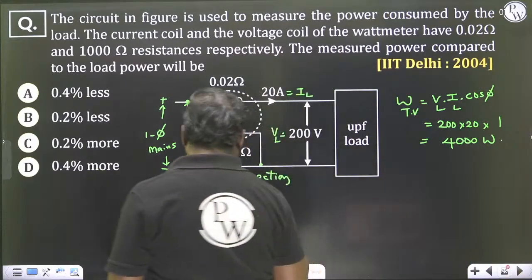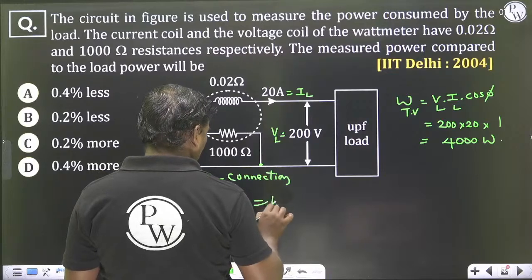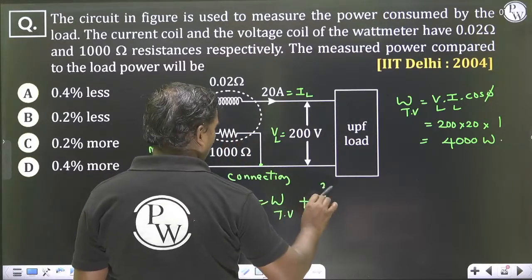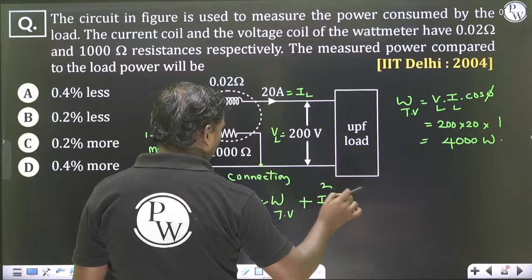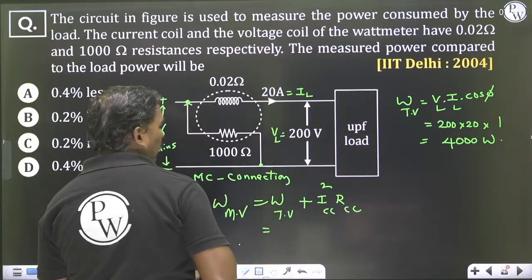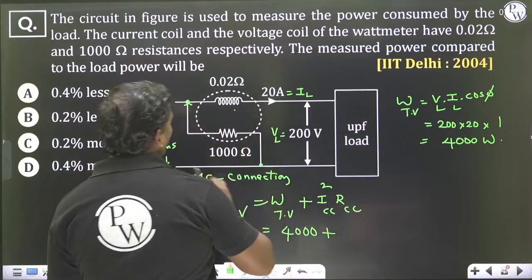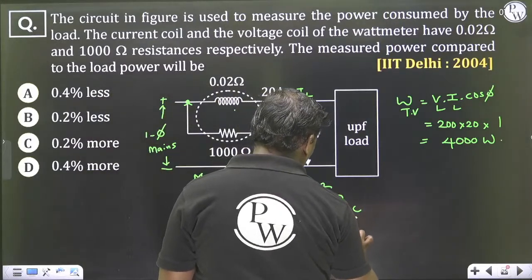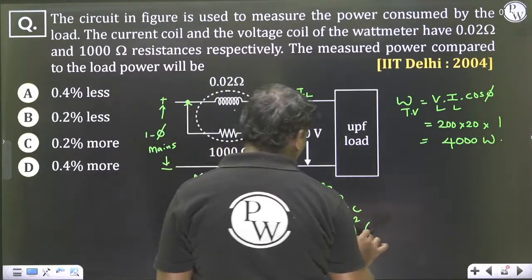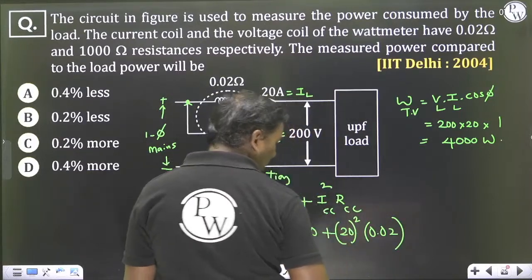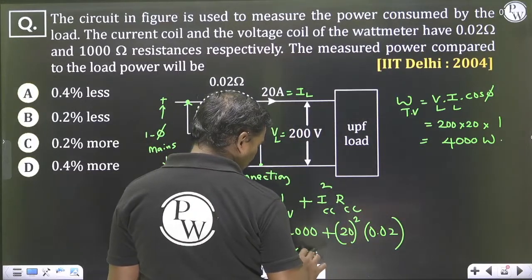मेजरमेंट वैल्यू क्या होगा? ट्रू वैल्यू प्लस I square RCC. This is 4000. Current passing the current coil 20 square, this is 0.02. 2 by 100, 400... 8, 4008 watts.